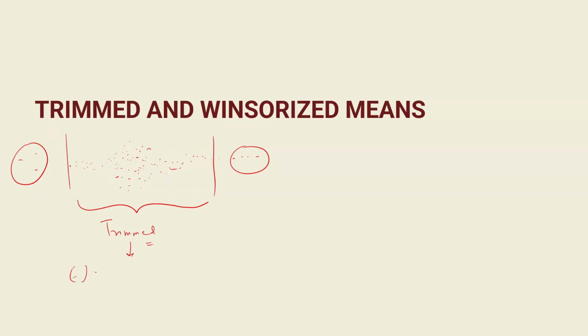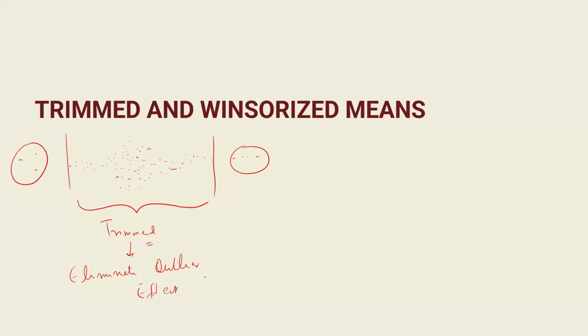But you want to find the measure of central tendency, and you are worried that these outliers may actually distort it. So in the case of trimmed mean, you remove a certain percentage of outliers and only consider the middle data. That is your trimmed mean. So you eliminate the outlier effect completely.